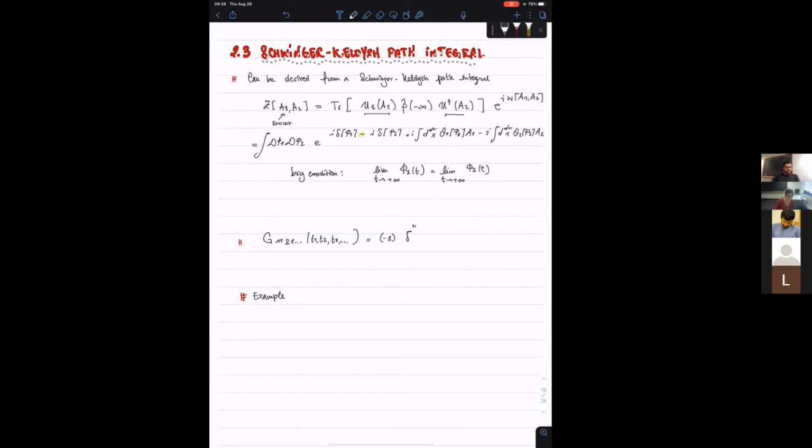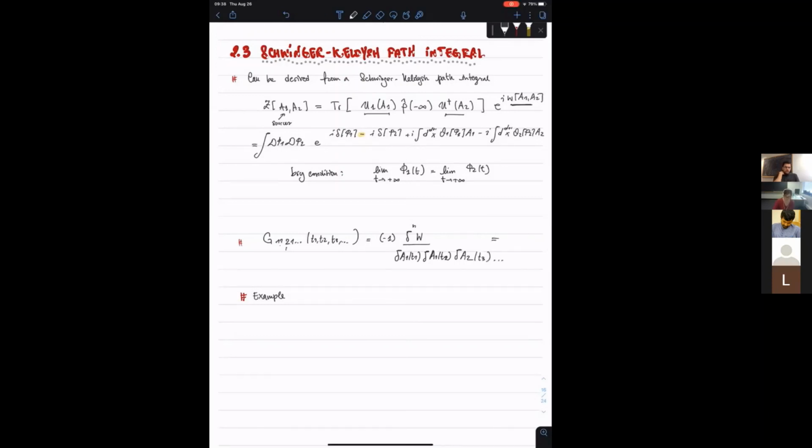And in particular, if we want the connected correlation functions, we take the connected generating function and take the variation with respect to source 1, following this pattern, source 1, then source 2 at time 3, etc.